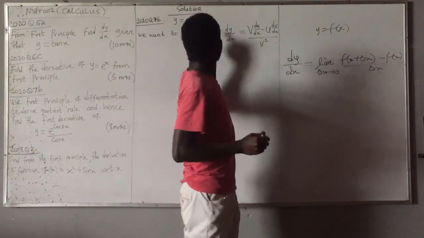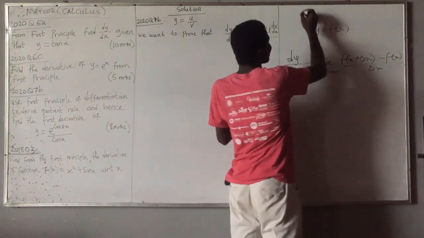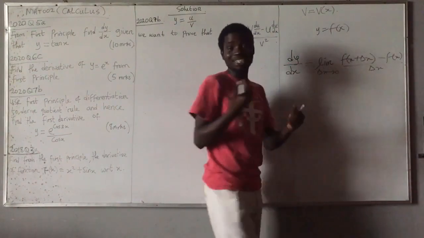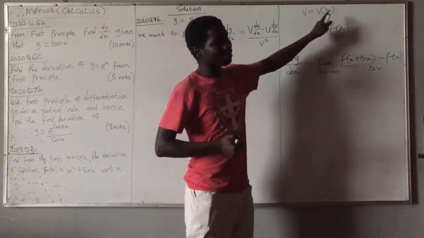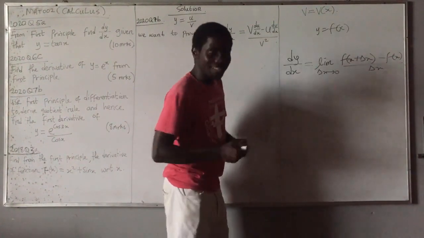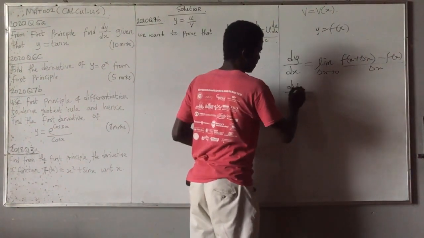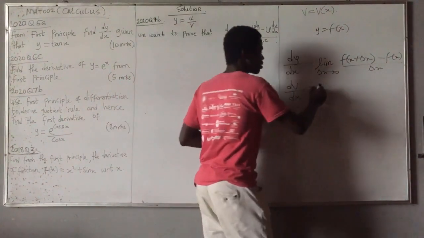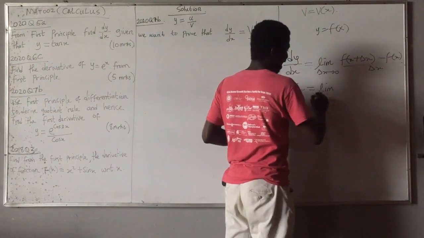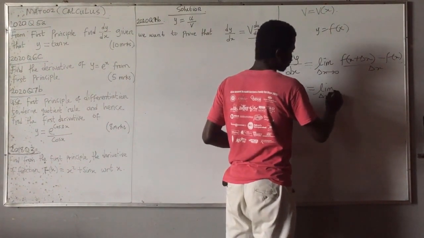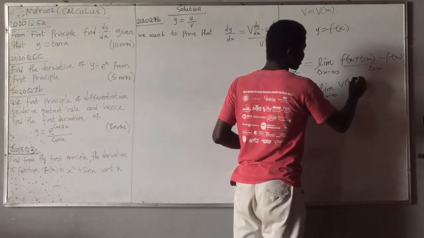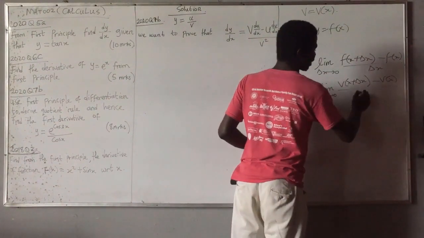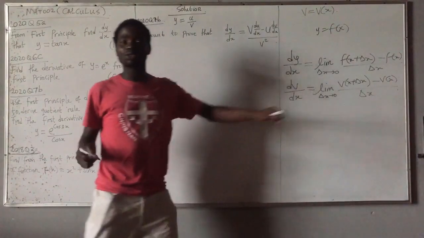Now let me take v. Let's say v is a function of x. dv/dx is equal to the limit as delta x goes to 0 of v of x plus delta x minus v of x all over delta x. Please take note of that.